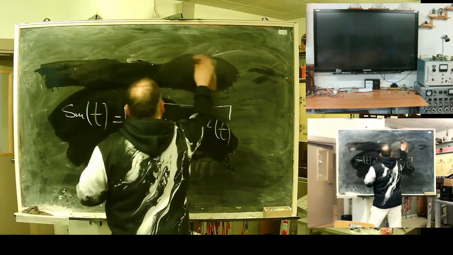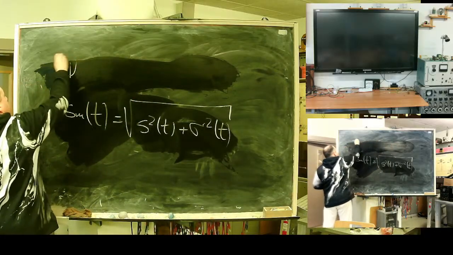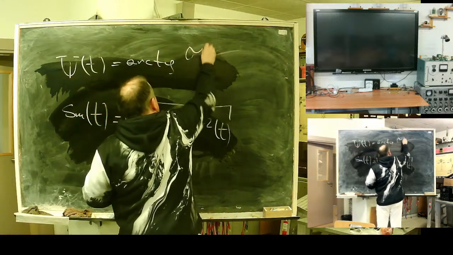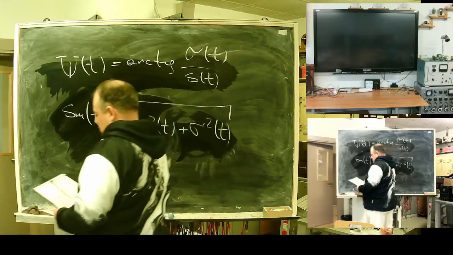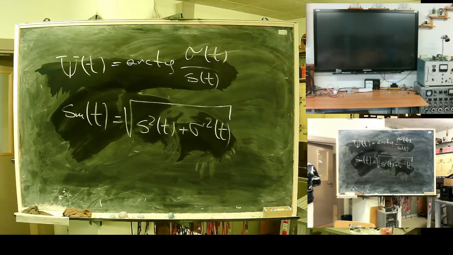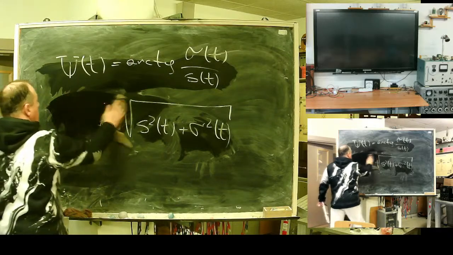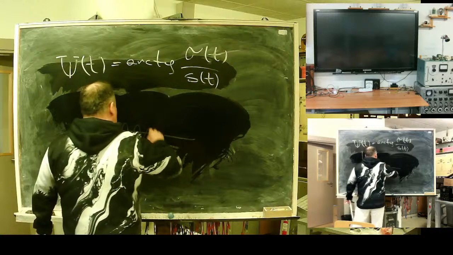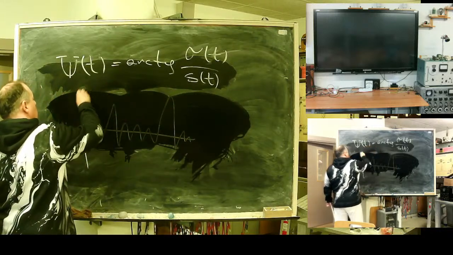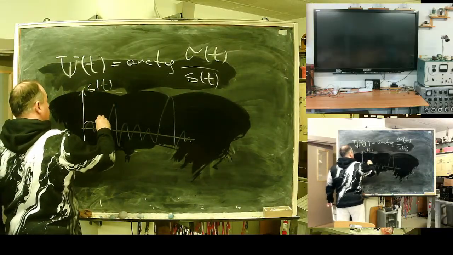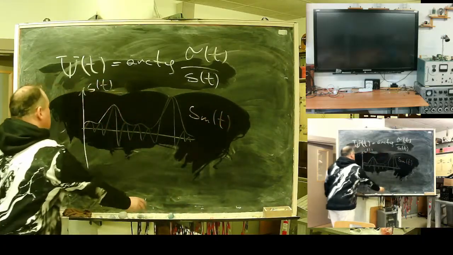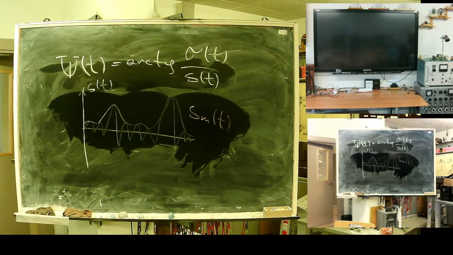Instant angle is arctangent of the conjugated signal over the signal. I can assume that this line, the red line, is a product of some vector.